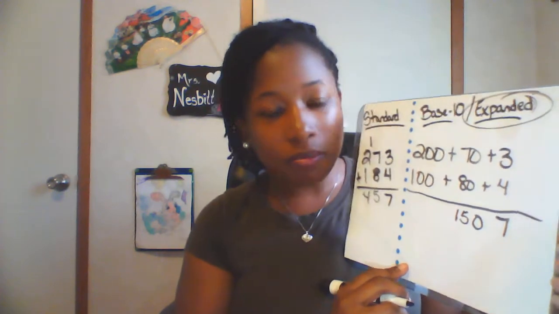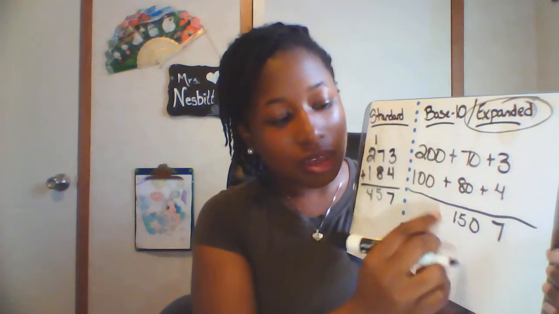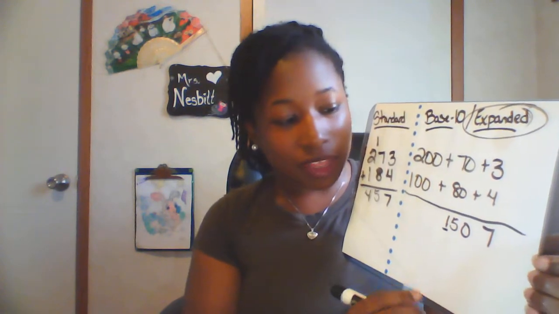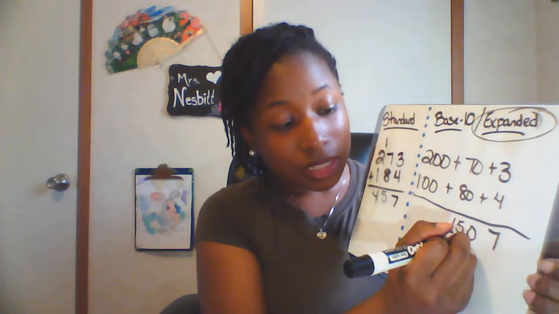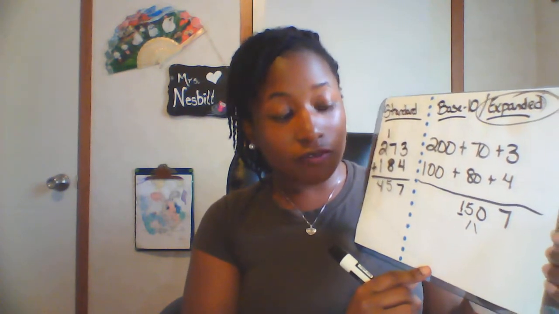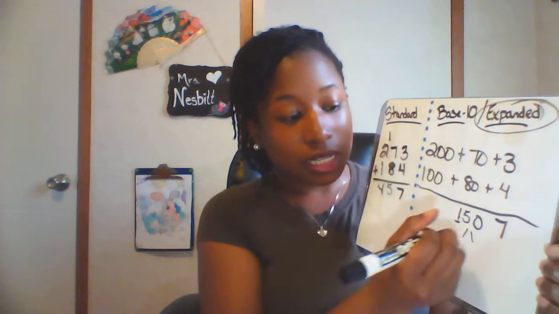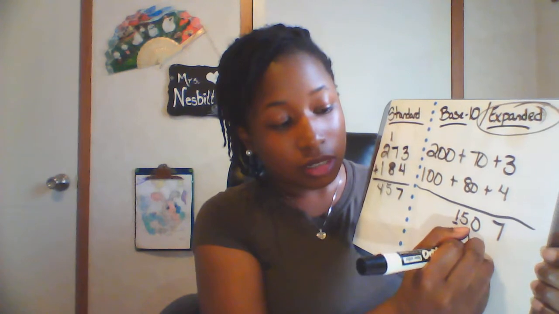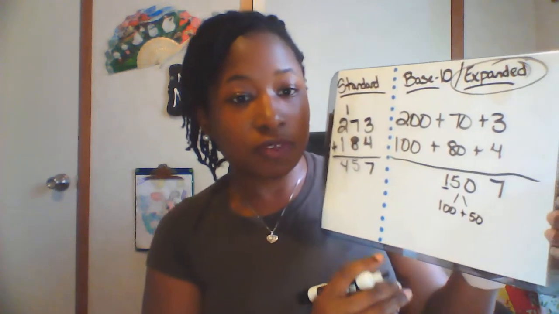But remember, this is the tens column, and I now have 100. I can't have that, so I have to break this number down again. I can't have 150 in my tens column. This is the same as 100 plus 50.